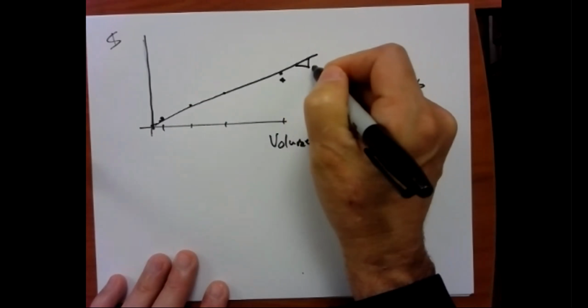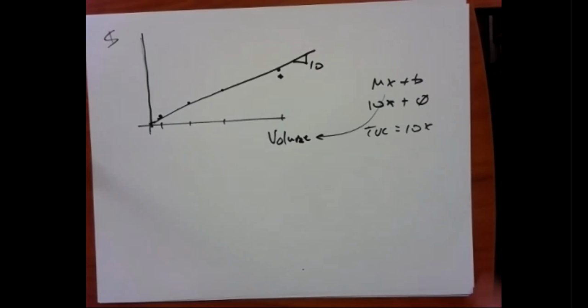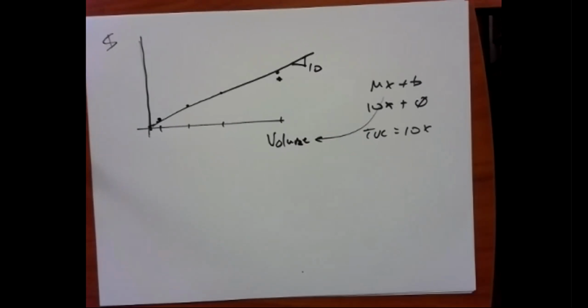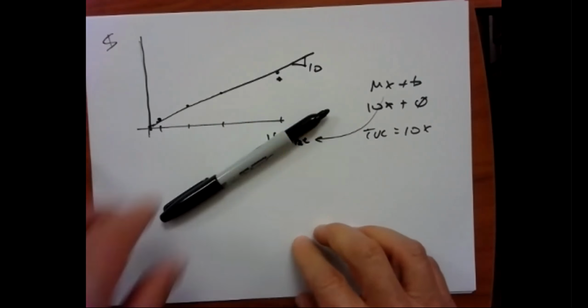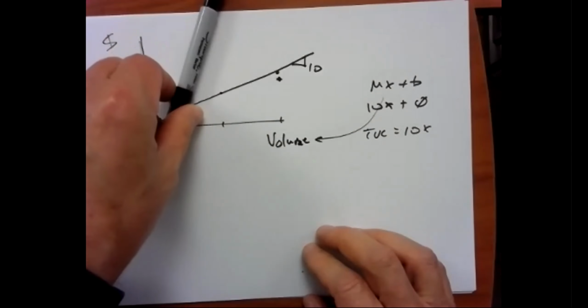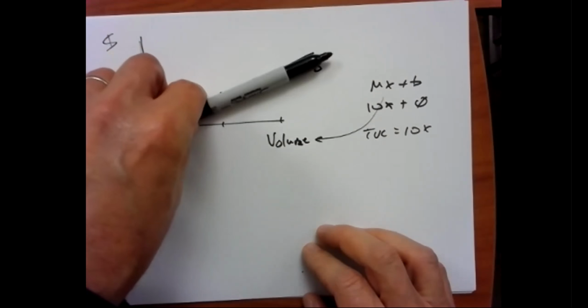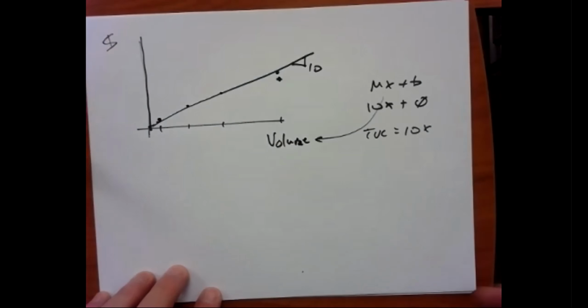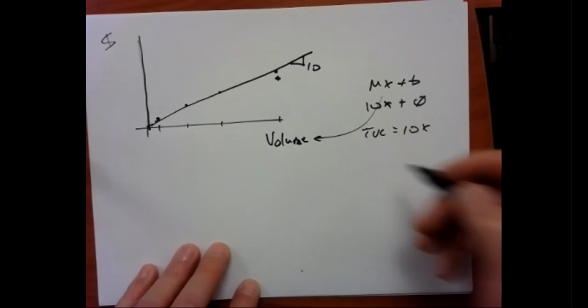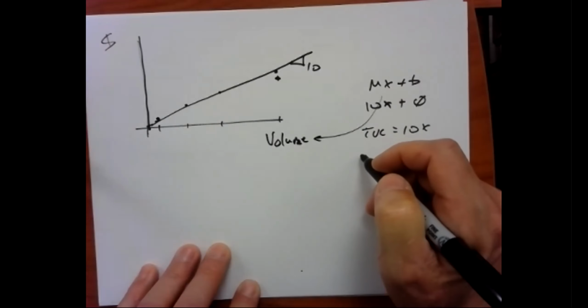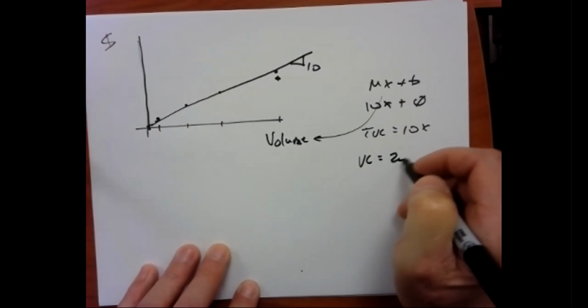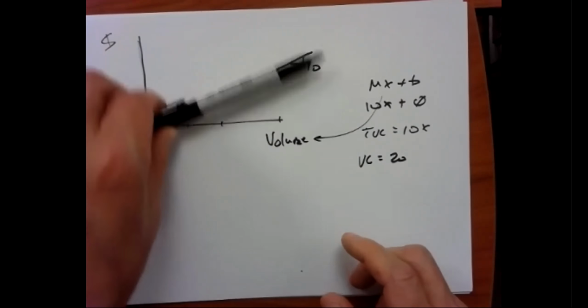The slope, this is how we indicate slope for a line, with this little right angle triangle, is going to be 10. So the slope gives me an idea of how steep my curve is, or my line in this case, it's a straight line. If I instead had a variable cost per unit of say 20, what would happen to my line?